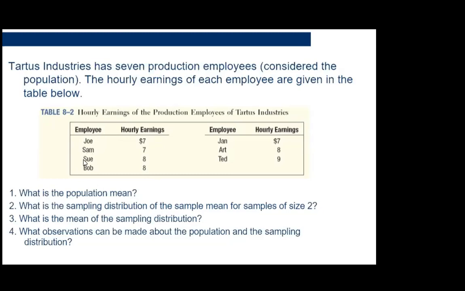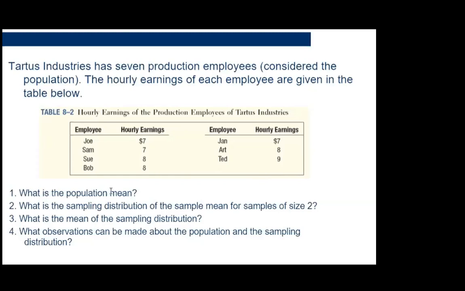But if I take Sam and Sue as a sample, the sample mean will be 7 plus 8 divided by 2, which is 7.5, the middle of 7 and 8. And that can continue for all of these. For example, if one of the samples is Sam and Ted, 7 and 9, the average of 7 and 9 is 8, right?